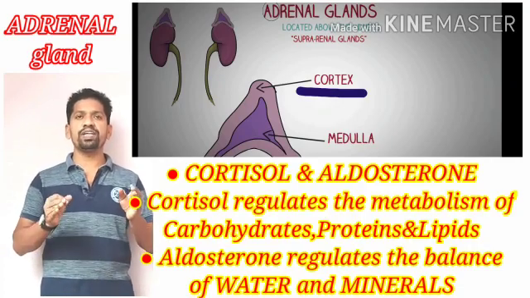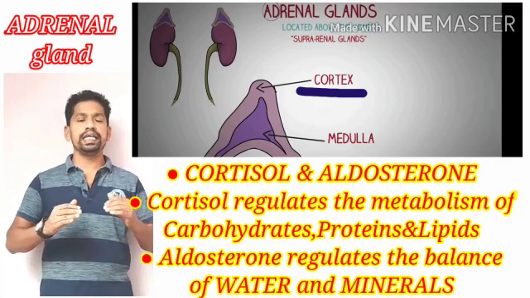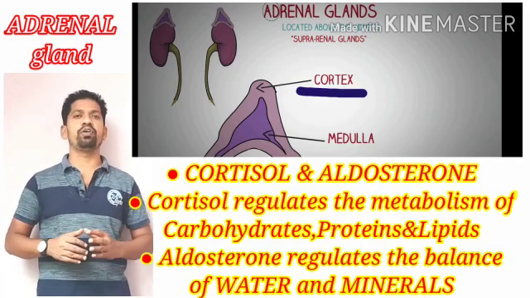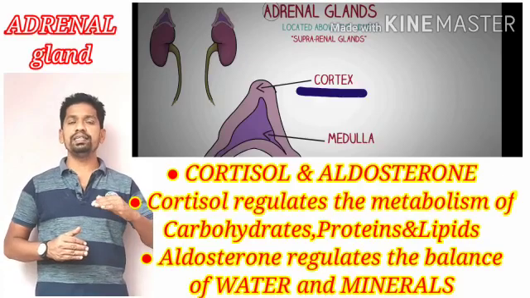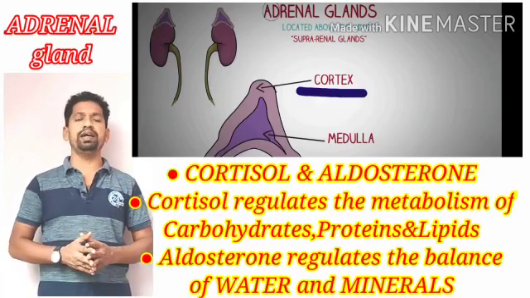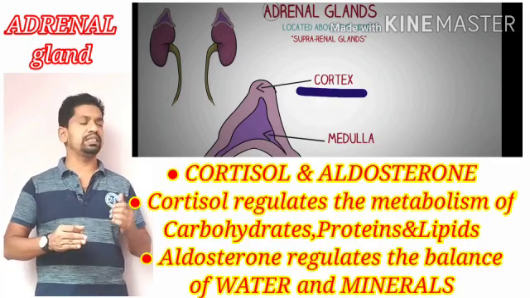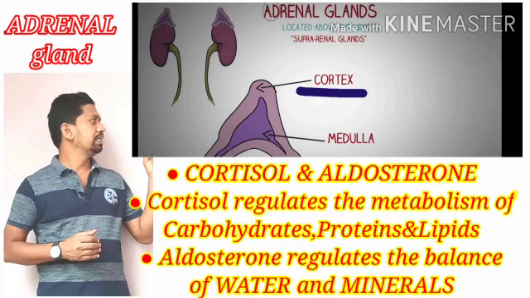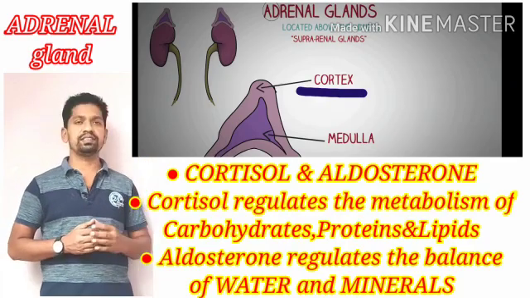Aldosterone plays an important role in the equilibrium of water and minerals in the body. So water and different types of minerals, mostly the sodium levels, are maintained by an important hormone known as aldosterone. And of course the important portion, the cortex.